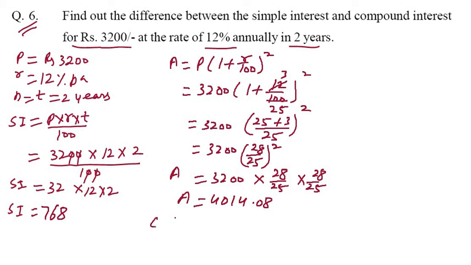So you can see here compound interest. So CI will be equal to amount minus principal. Amount is given as 4014.08 and principal is 3200. So you have to subtract this one.